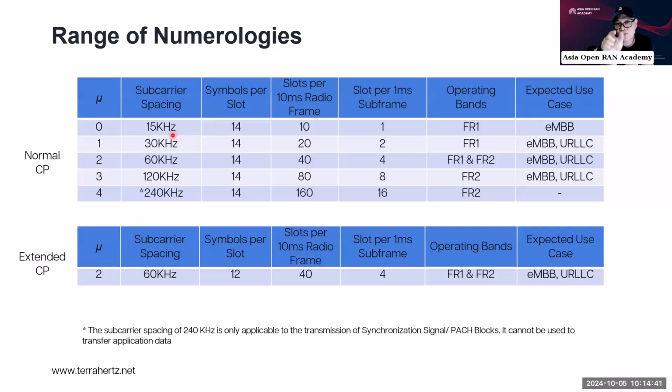That's why from the 15 kilohertz, nagkaroon pa tayo ng ibang variations: 15, 30, 60, 120, and 240. Because we have different use cases. Meron tayong eMBB, URLLC, and then yung mMTC, kasi it's either pwede naman kahit ano. Pero itong dalawang ito. Okay? Kaya nagkaroon tayo ng tinatawag na different numerologies.